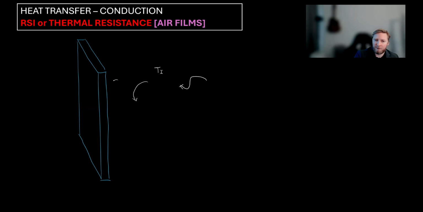And as that air gets nearer to the wall, there's actually this layer of air that clings to the wall and it doesn't move too much. So it's a very still layer of air. And this is known as an air film.